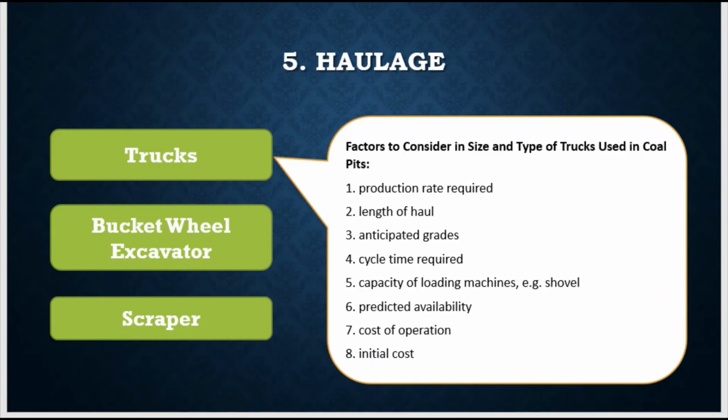These are the factors to consider in selecting the size and type of trucks to be used in coal pits: the production rate required, length of haul, anticipated grades, cycle time required, capacity of the loading machines, predicted availability, cost of operation, and initial cost.